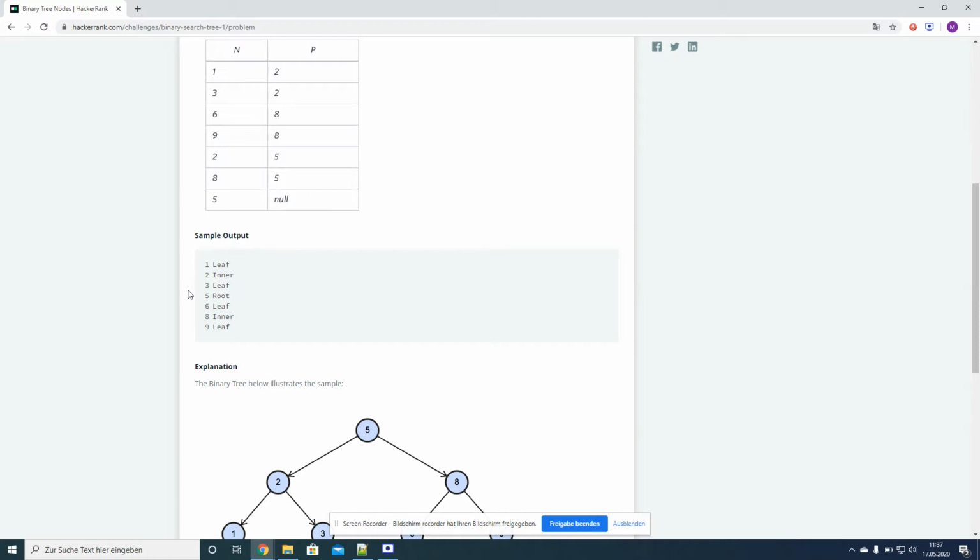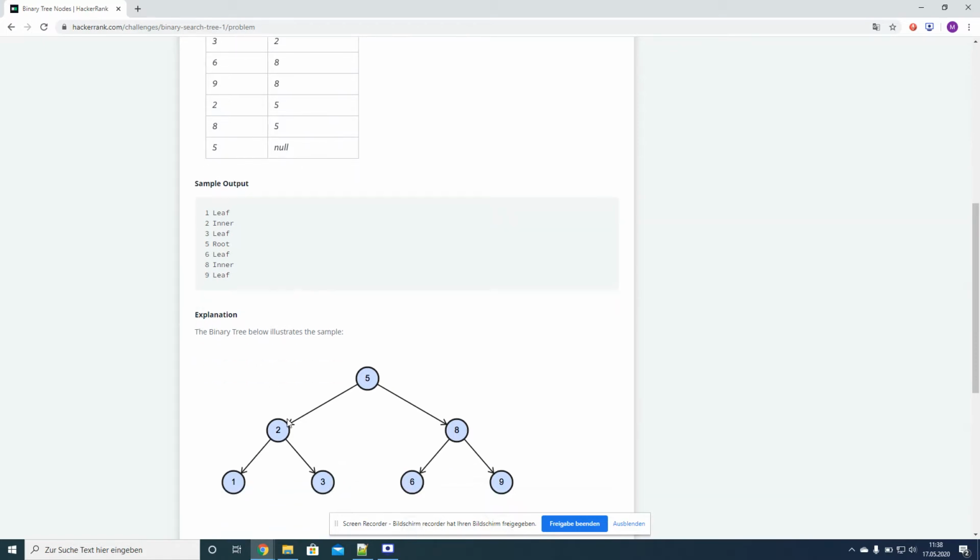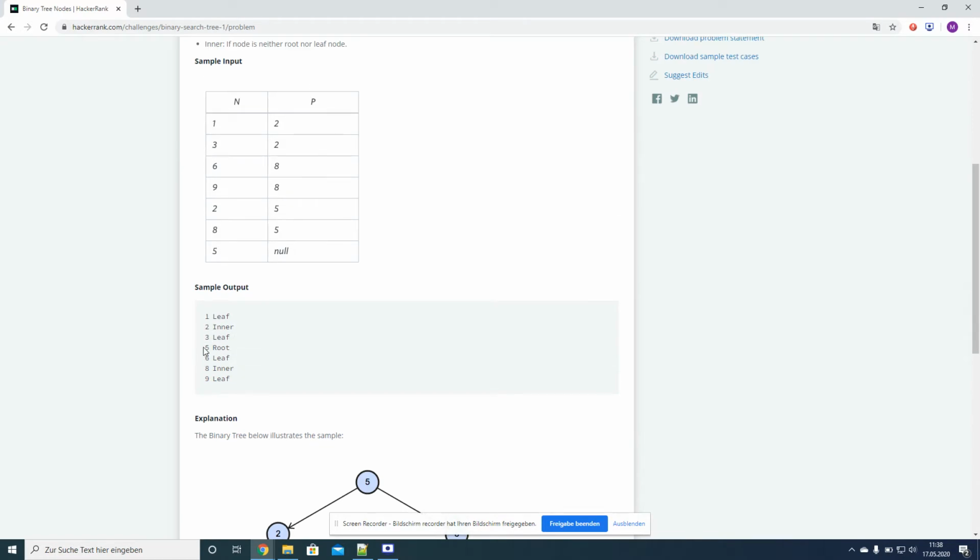But inner, the parent of inner, is always the root. The parent of inner is the root, because 2 and 8 are inners, and the parents from 2 and 8 are both 5.